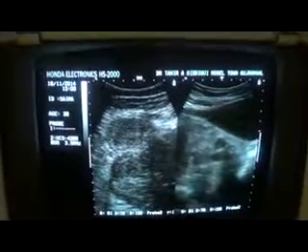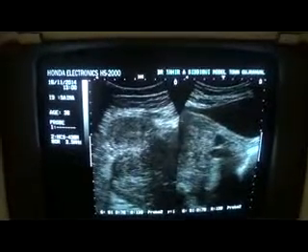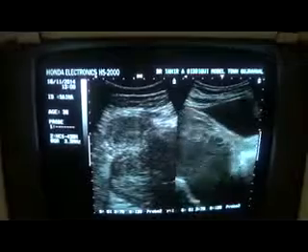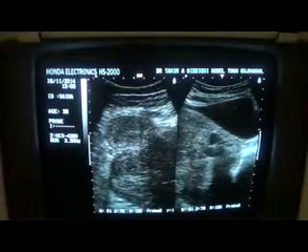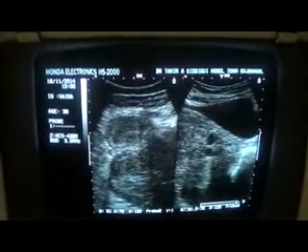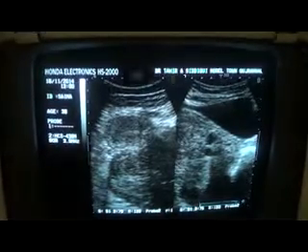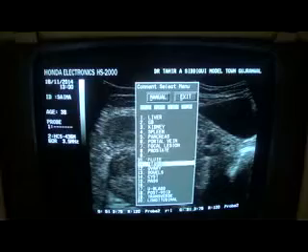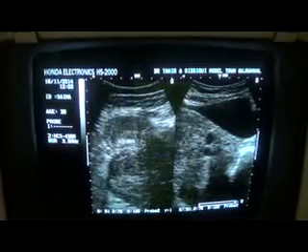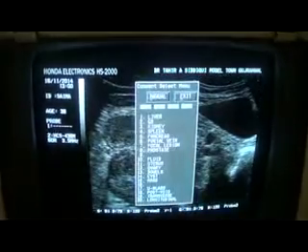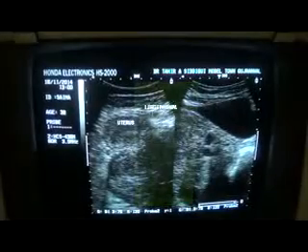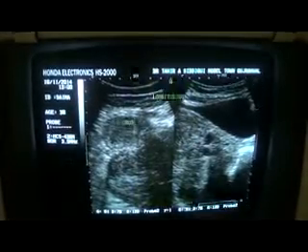This is the fibroid portion of the uterus. Now this is the uterus. This area is the uterus in longitudinal section. This is the longitudinal section, and this is the urinary bladder.